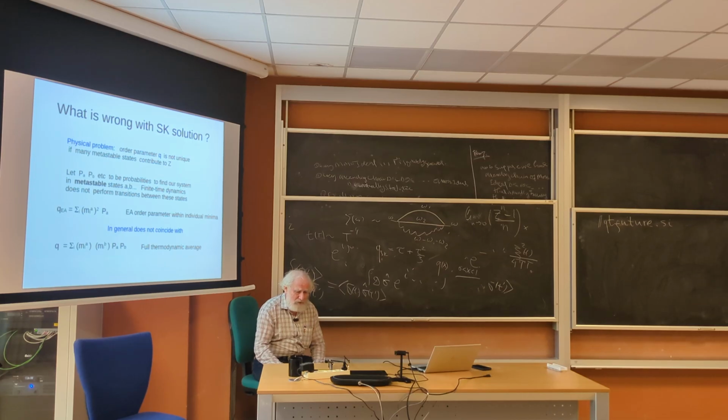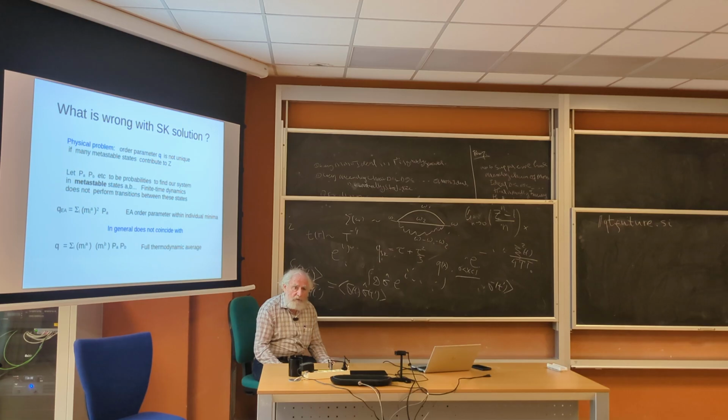It is not so direct. It is a bit more complicated. I mean that the description in terms of an order parameter as a single number by itself assumes that there is only one state, maybe up to overall inversion, only one state in which we come when we cool the system.